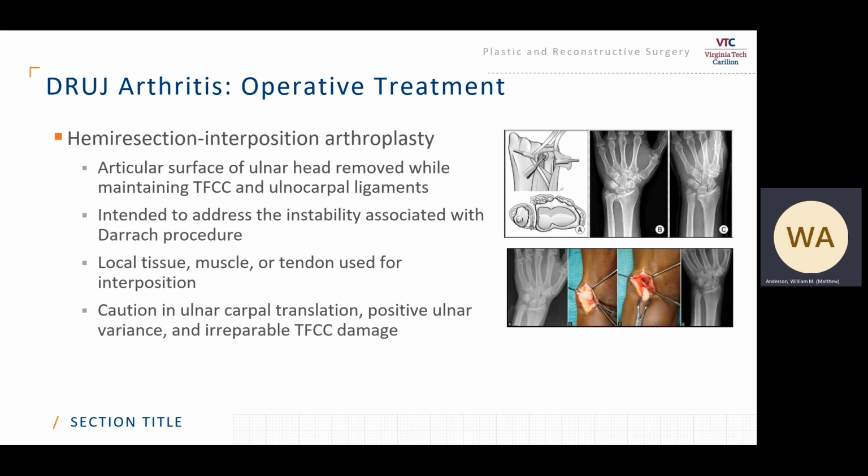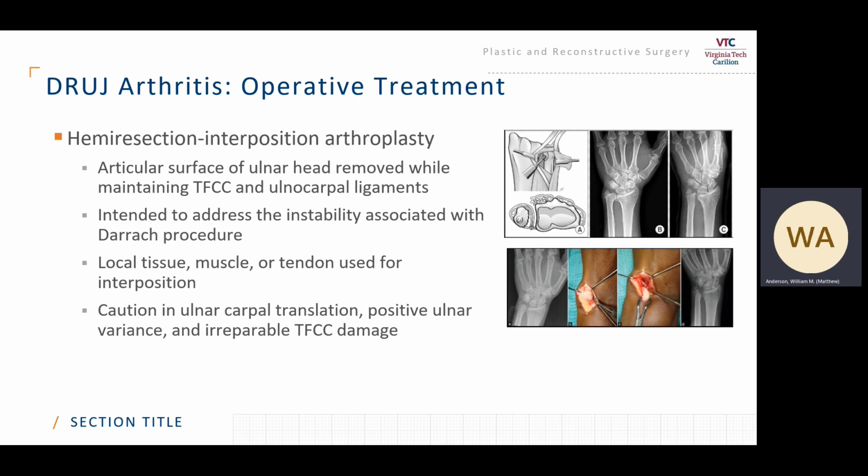So for operative treatment of DRUJ arthritis, one option is the hemiresection interposition arthroplasty. This involves the removal of the articular surface of the ulnar head while maintaining the TFCC and the ulnocarpal ligaments. It's a procedure that is intended to address the instability associated with the Darrach procedure.